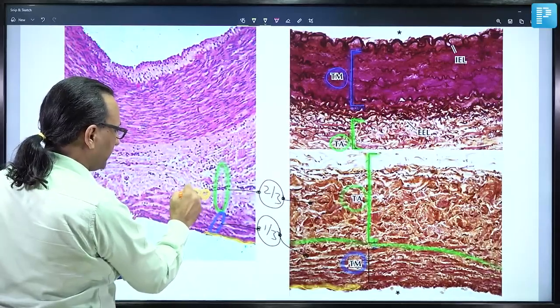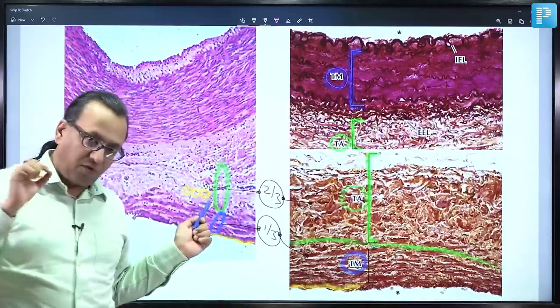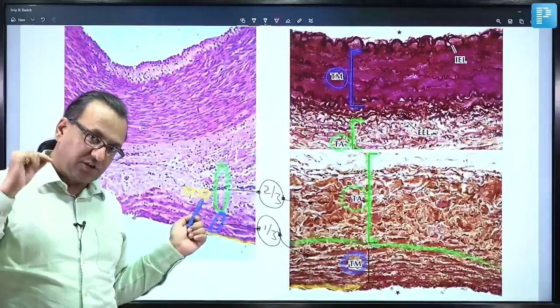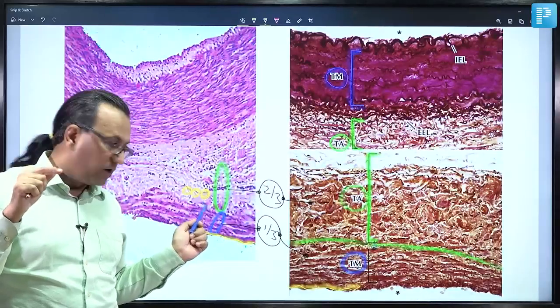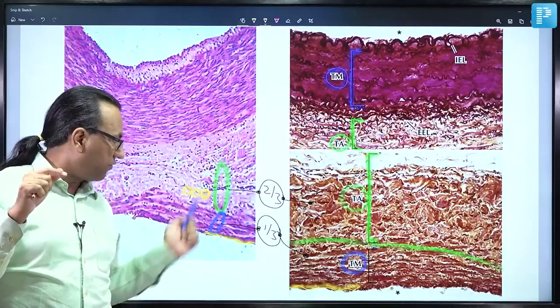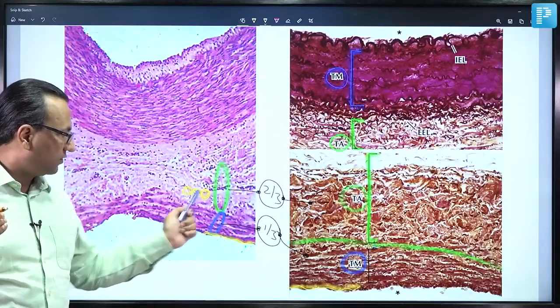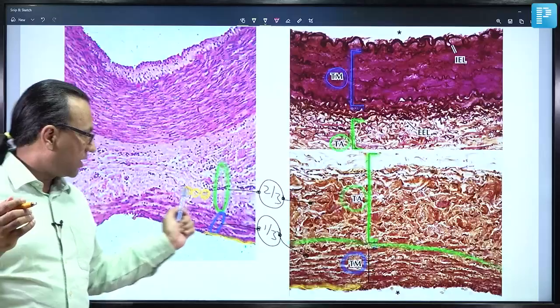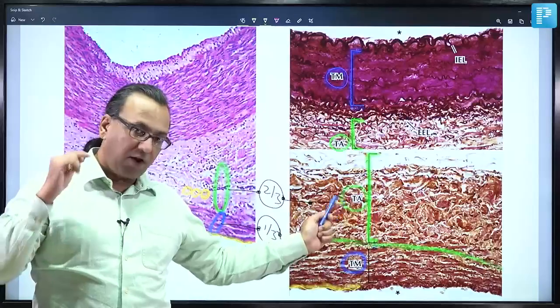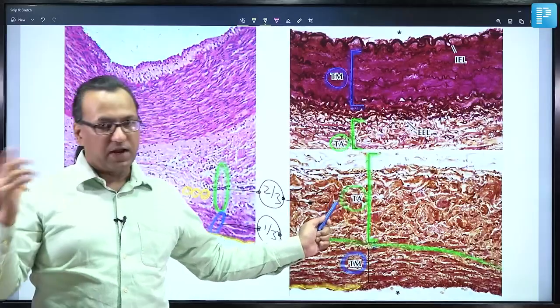Those vasa vasorum will be the source of oxygen, nutrients, and for excretory products to be removed from the walls of a vein. Though they may not be that evident in case of splenic vein, they'll be more evident in the tunica adventitia of larger veins like inferior vena cava.